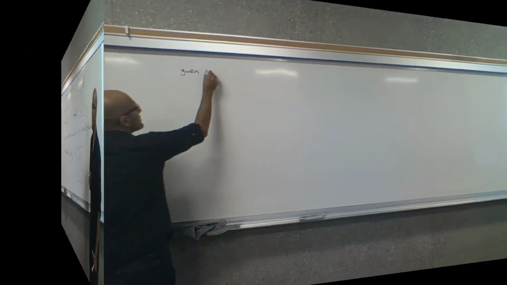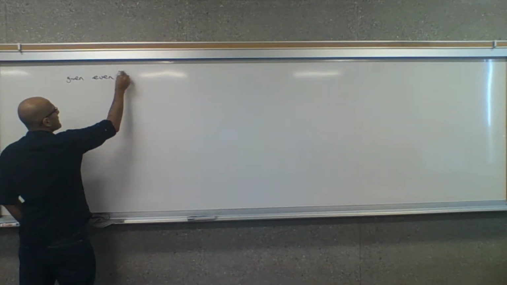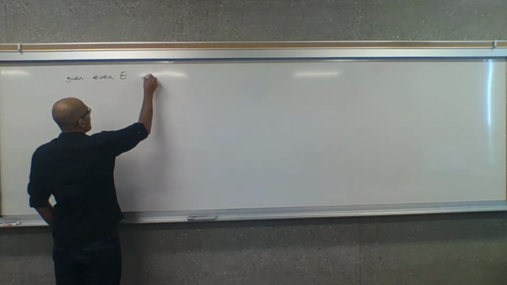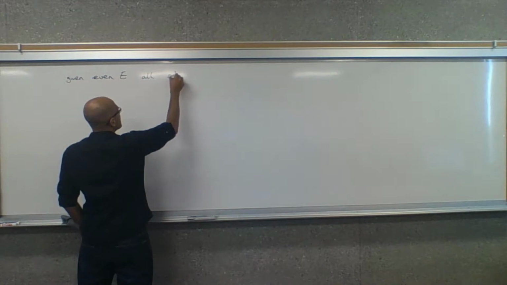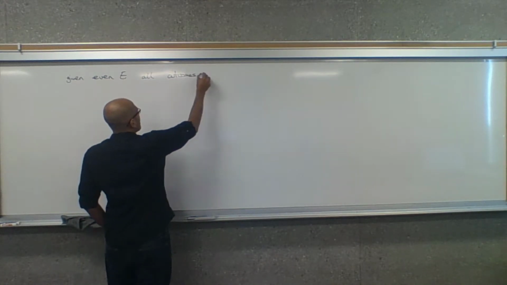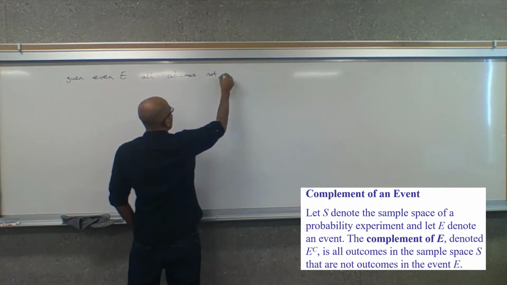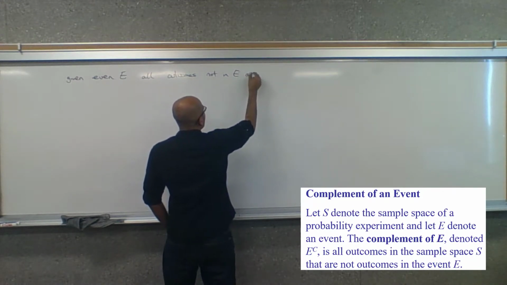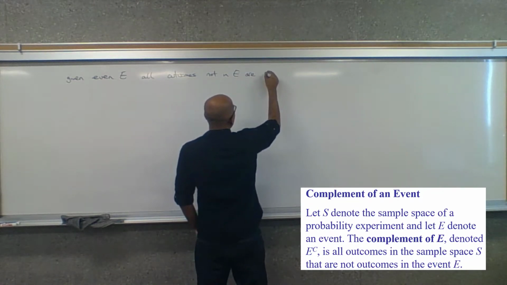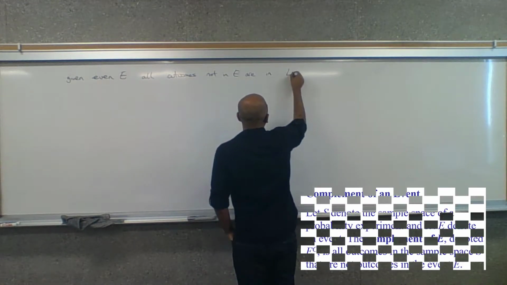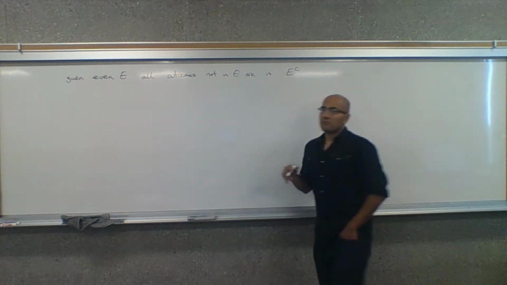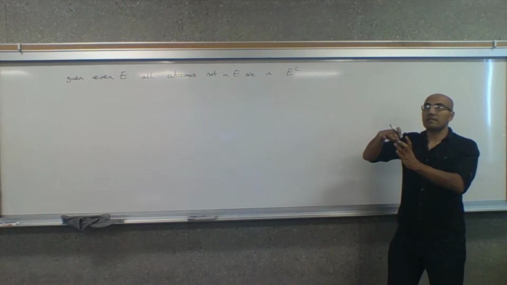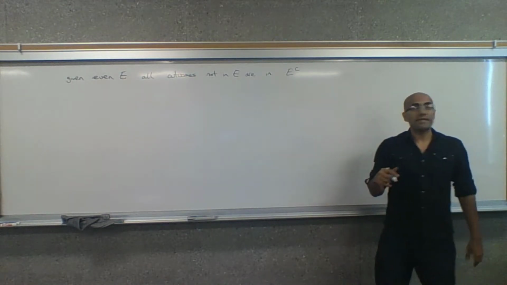Good. Given event E, all outcomes not in E are in E complement. So everything not in E is what we consider E complement.